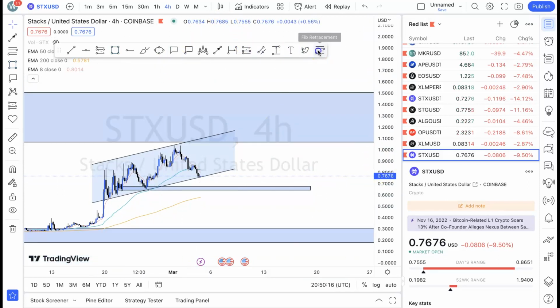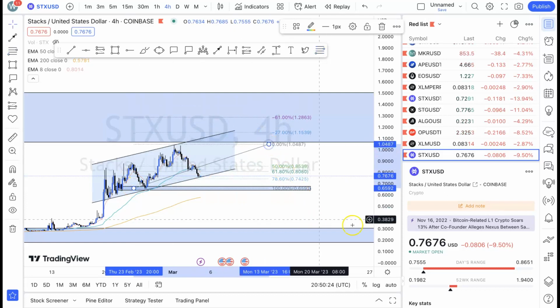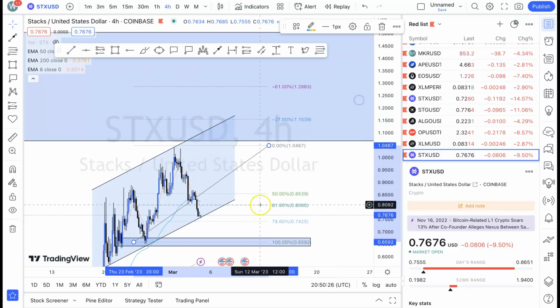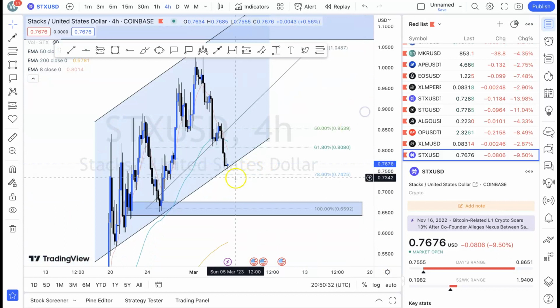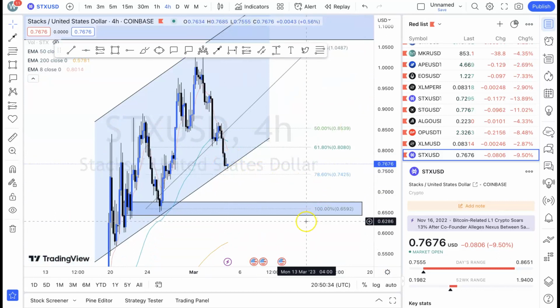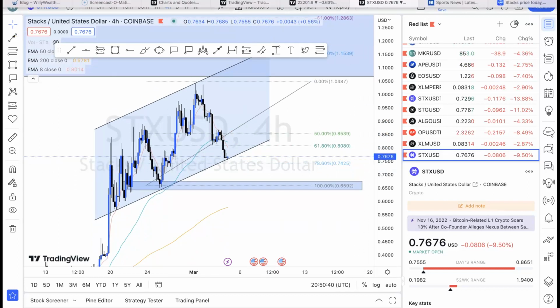And my Fibonacci tells me right from that zone, top to bottom, 78.6, and I'm beginning to see some positive price action here, right? It looks perfect to me. It looks perfect to me if I wanted to execute a trade here.